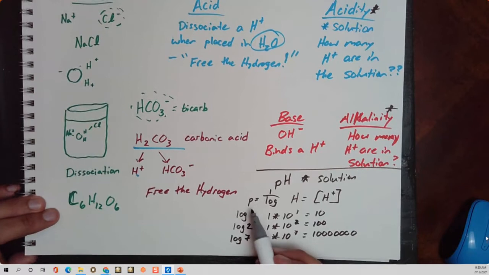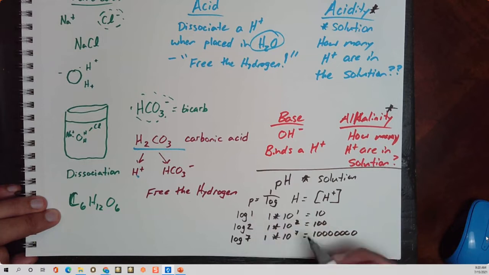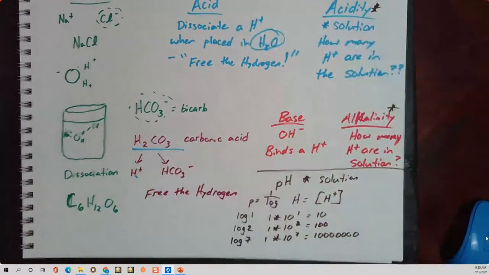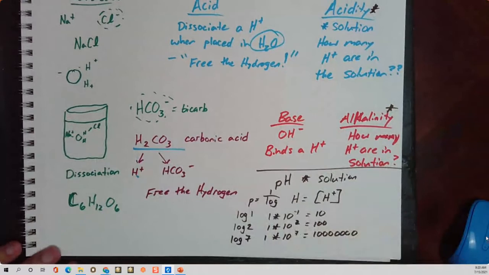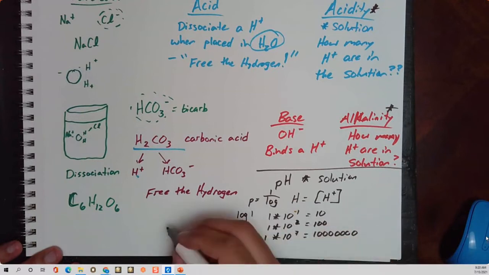So when we're dealing with a p, it's an inverse log. So p1 would be 1 times 10, and we're inversing this. How do we inverse a power? Easy. Just put a negative sign right in front. So this would be 1 times 10 to the minus 1 if it was a p1.